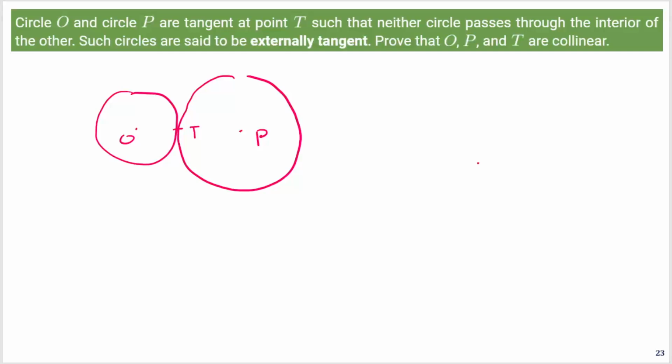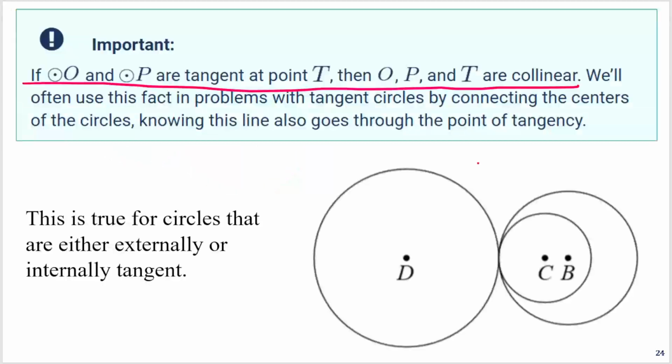Such circles are said to be externally tangent. Can you prove that O, T, P are actually collinear? Try to prove this after the class, okay? The main takeaway here is that if circles O and P are tangent at point T, then O, P, T are collinear. This is true for circles that are either externally or internally tangent, which is shown here on the right.